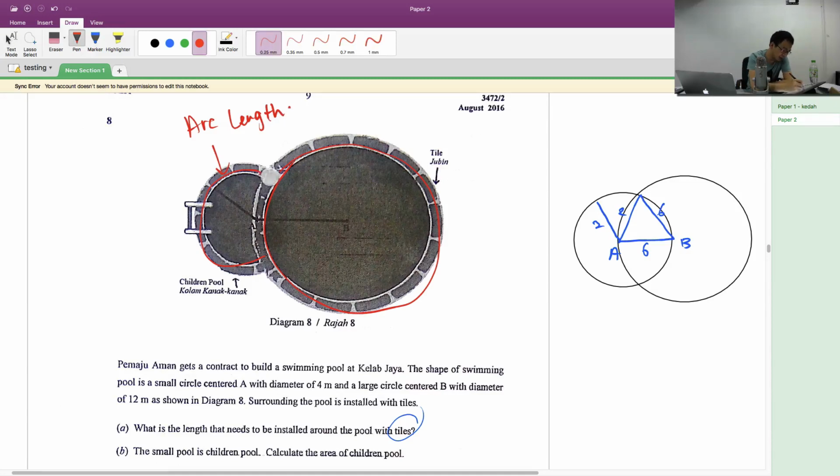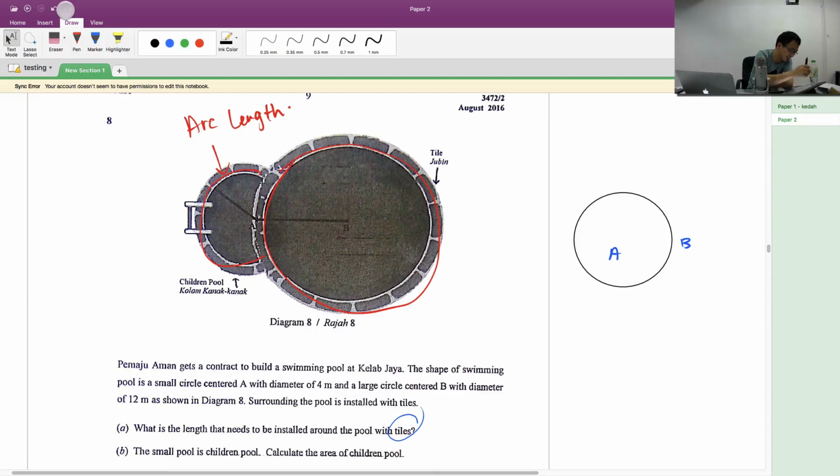So let me erase this one carefully. I just erased the 2 here.